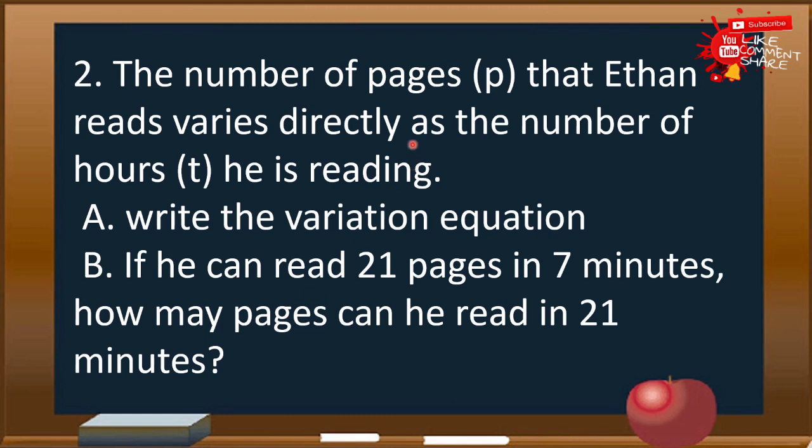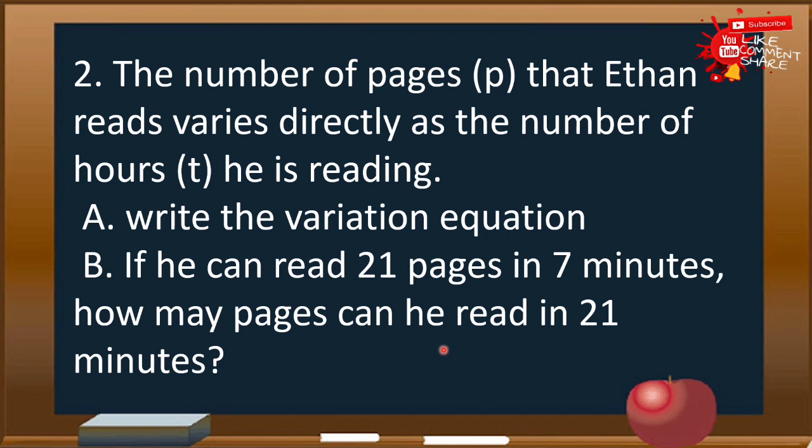Last problem from this video. The number of pages P that Ethan reads varies directly as the number of hours T he is reading. The question, letter A, write the variation equation. And letter B, if he can read 21 pages in 7 minutes, how many pages can he read in 21 minutes?